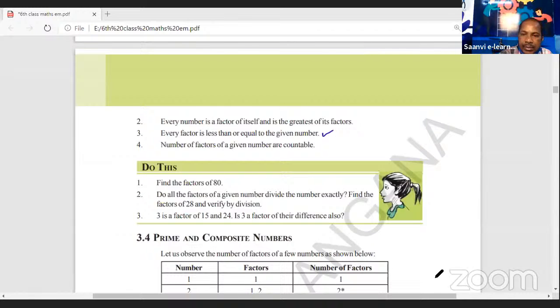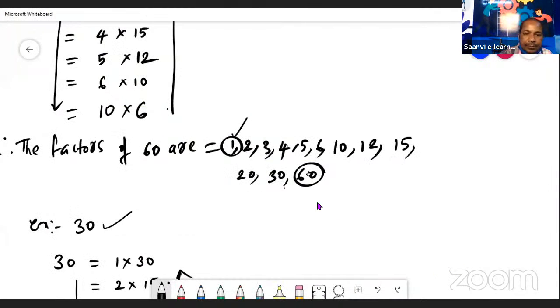Suppose we observe the factors of 60, all the factors of 60 are less than 60 except 60. It means all the factors of a particular number are less than or equal to that particular number.